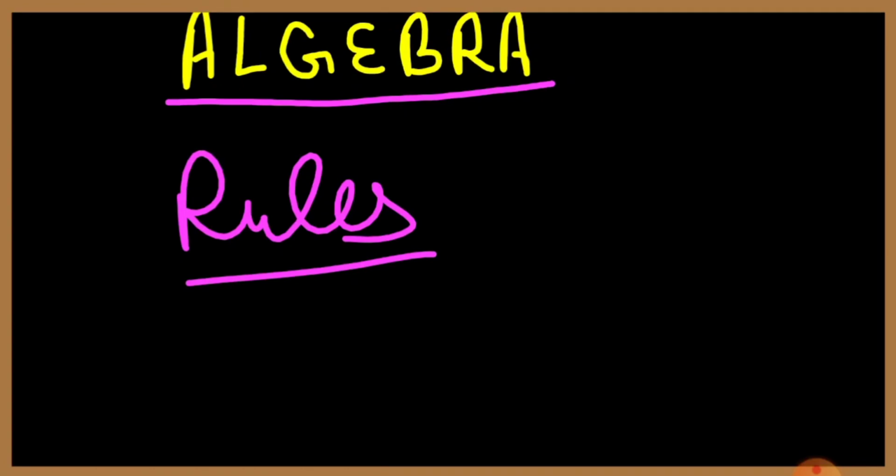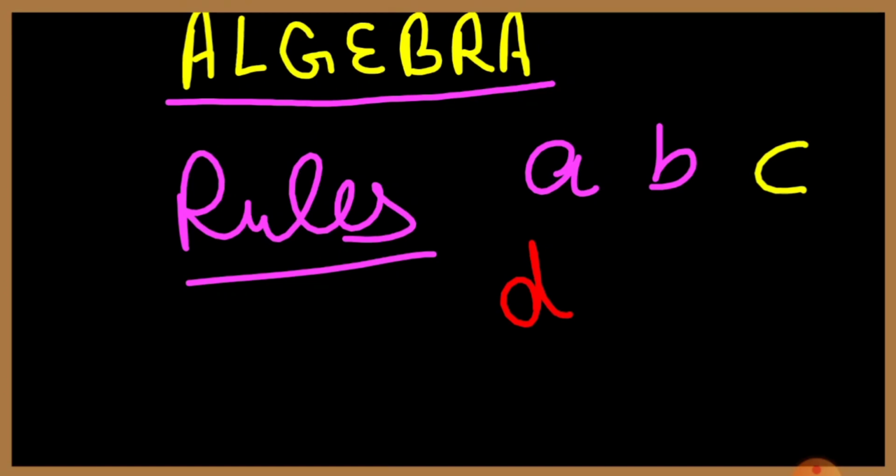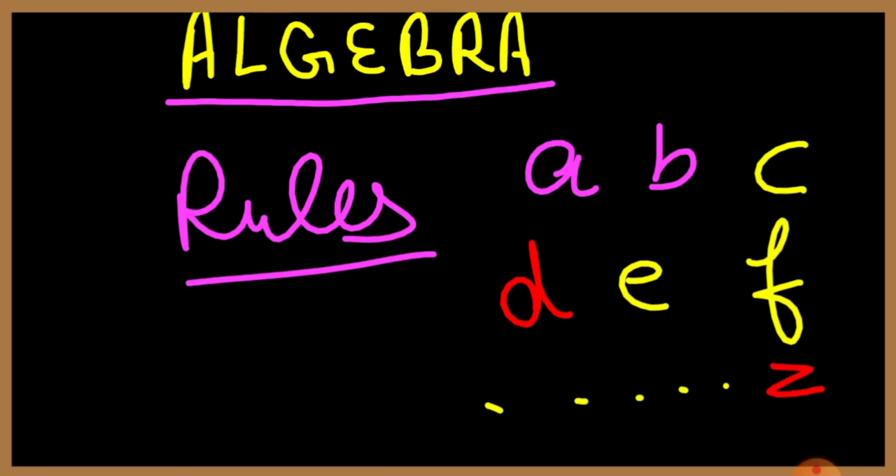Basically we will use small letters in algebra, like small a, small b, small c, small d, small e, f, and so on up to small z. Whenever we have to write any unknown number, that is a variable, we use the English alphabet, and we use only small letters.